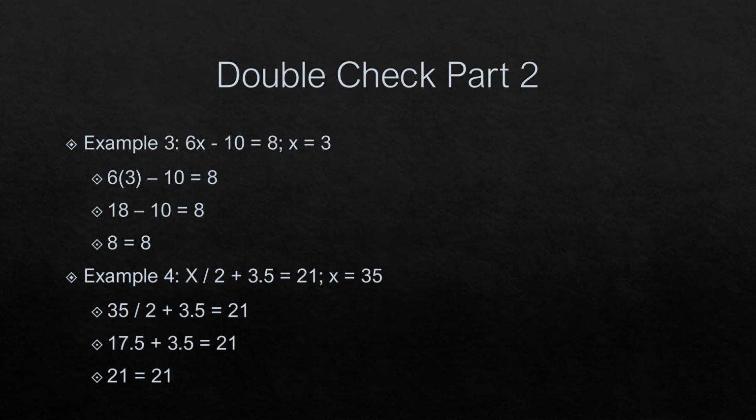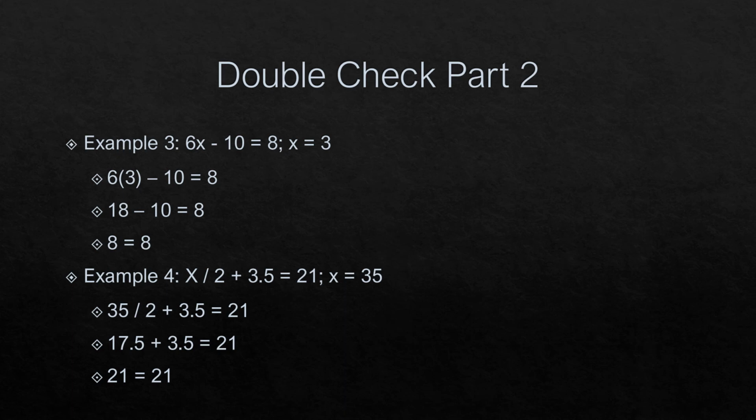On this slide we double check examples 3 and 4. Example 3, we had 6x minus 10 equals 8, and we found x to be 3. So I have 6 times 3 minus 10 equals 8. I simplify that and get 8 equals 8. For example 4, I have x over 2 plus 3.5 equals 21, and we found x to be 35.